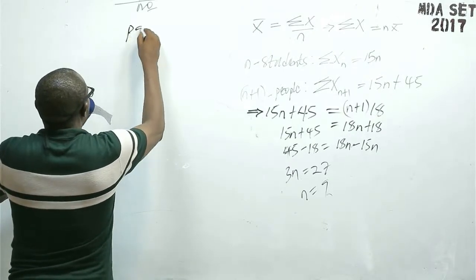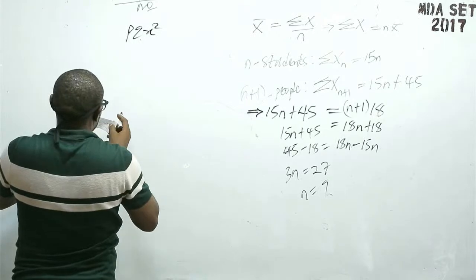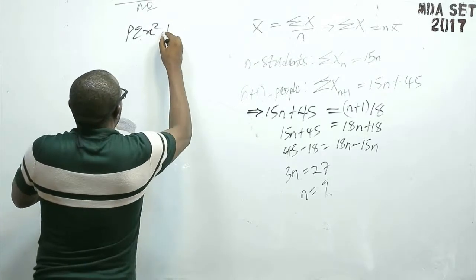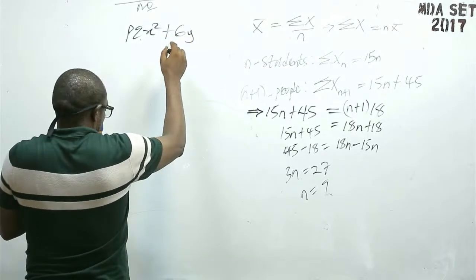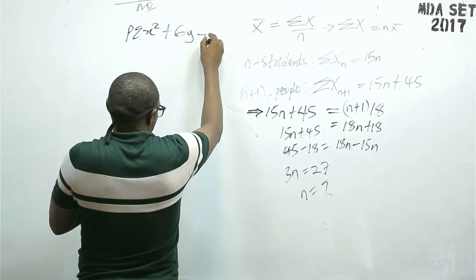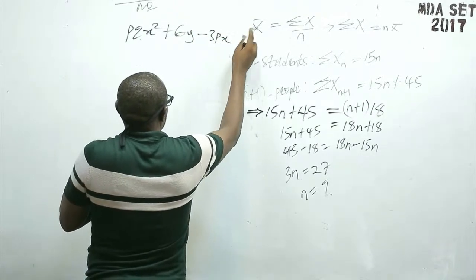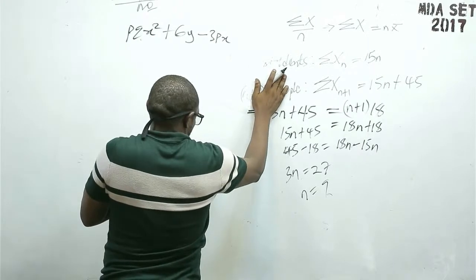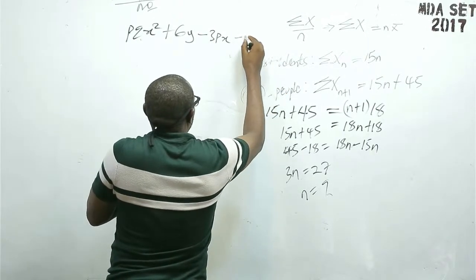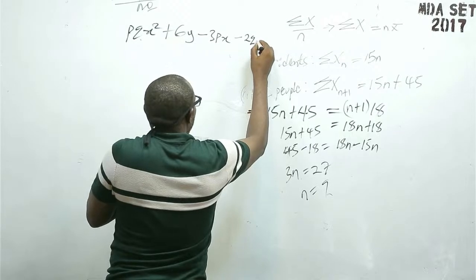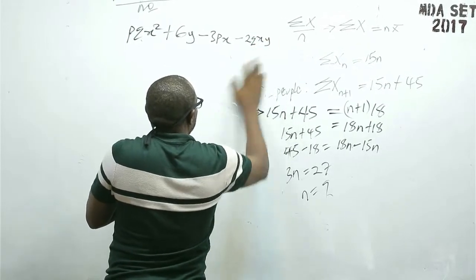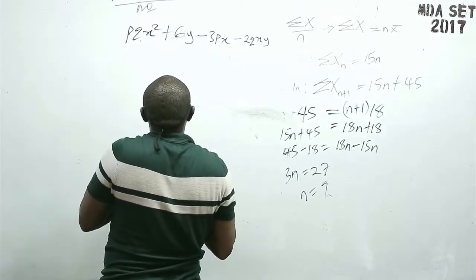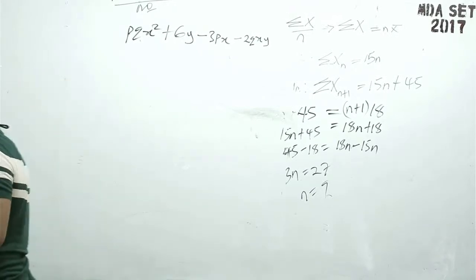Now, pqx squared plus 6y, this 6y minus 3px minus 2qxy. Did you see that?